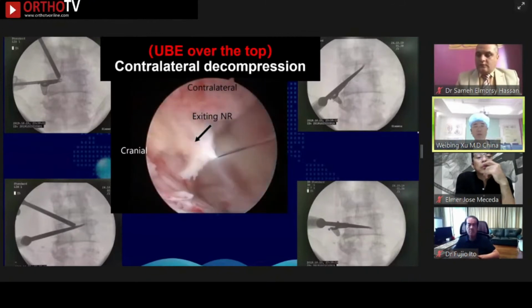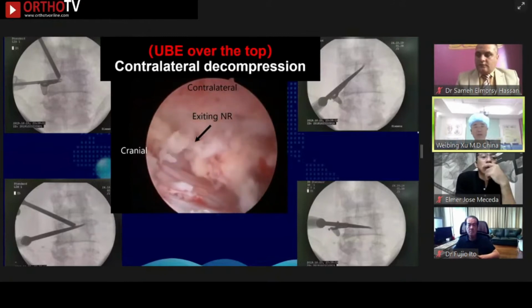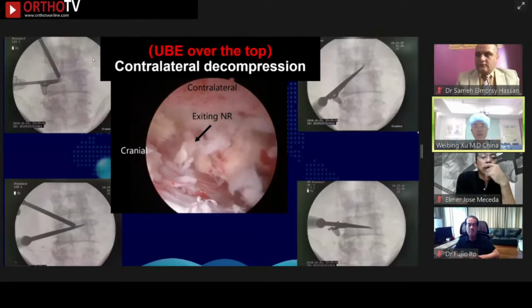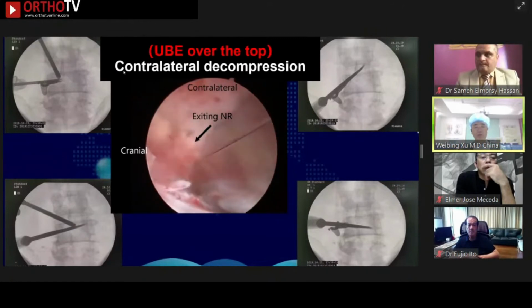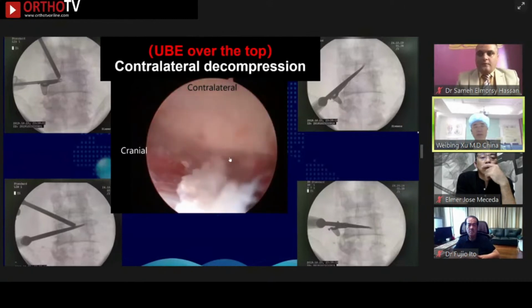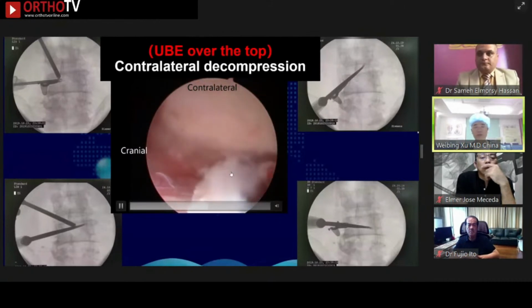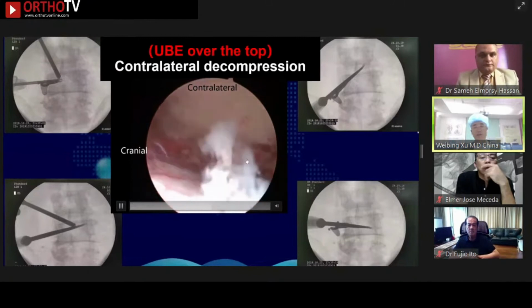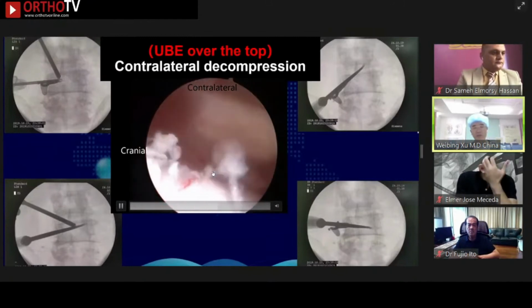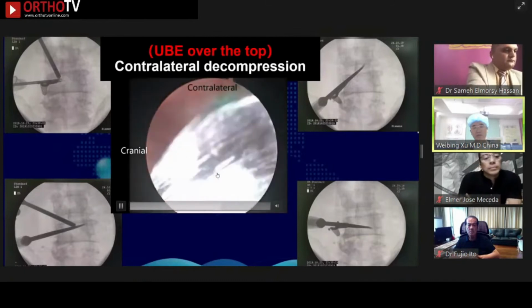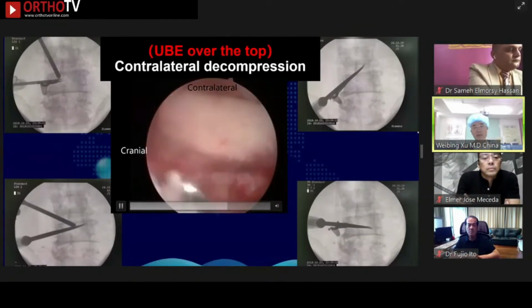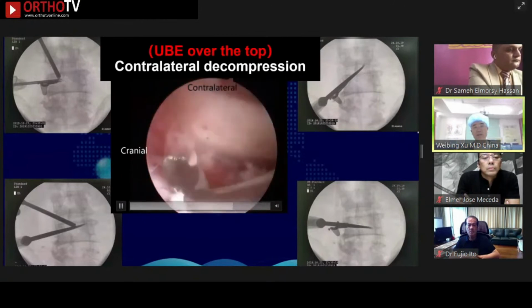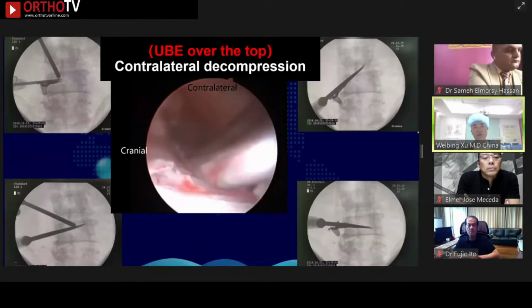By the UBE base contralateral decompression, we decompressed both exiting nerve root and traversing nerve root, and preserved the articular process. It is the traversing nerve root, and the middle part of the pedicle.